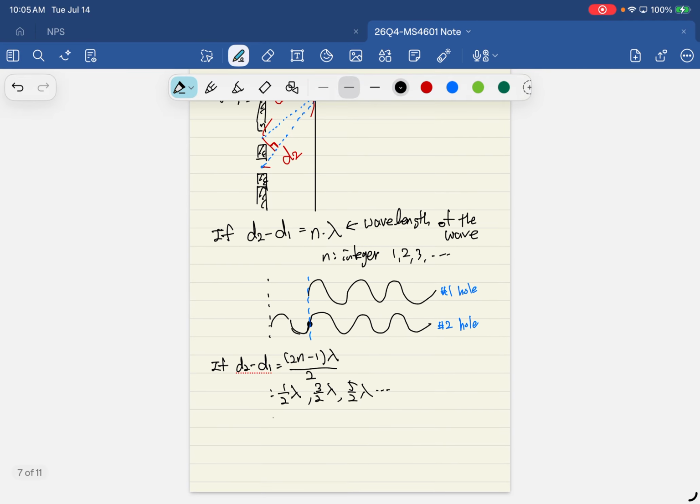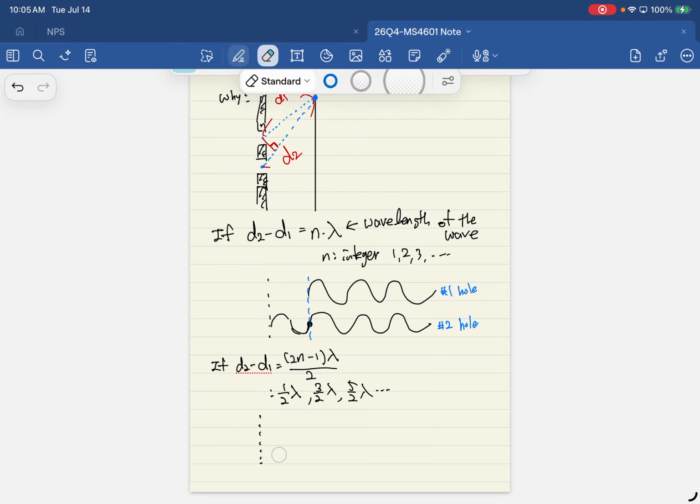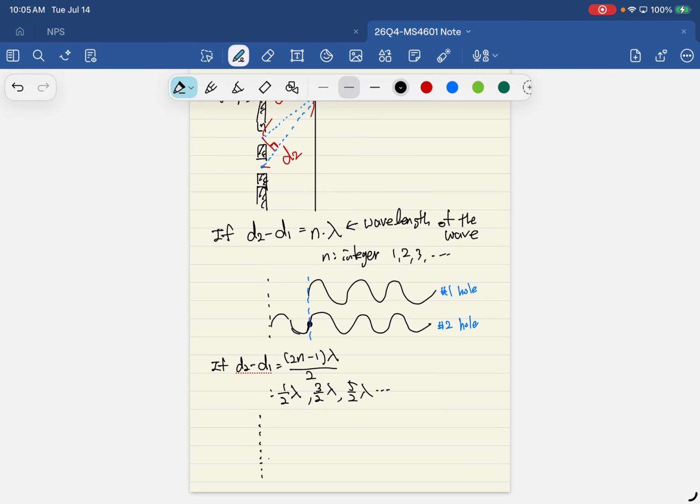In this case, I'm going to draw one more time here. Let's say this one is going through hole number 2, and if I draw the exact half, this one will start from here, like this.